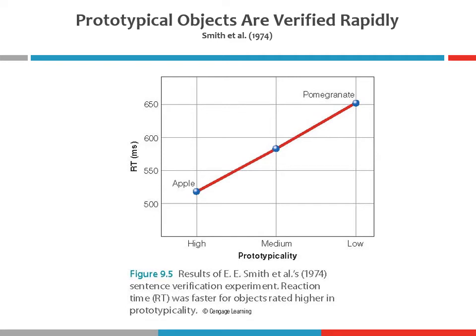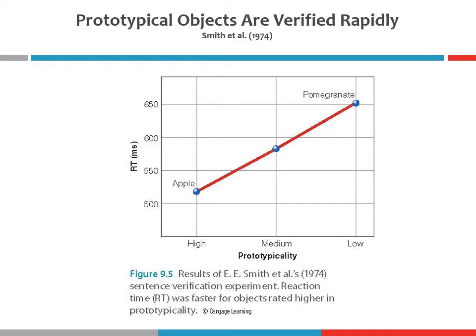Okay, so another interesting finding related to prototypicality, or the prototype theory, is that Edward Smith and coworkers used a procedure called the sentence verification task to determine how rapidly people could answer questions about an object's category.